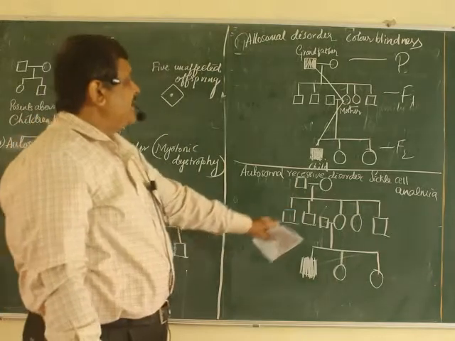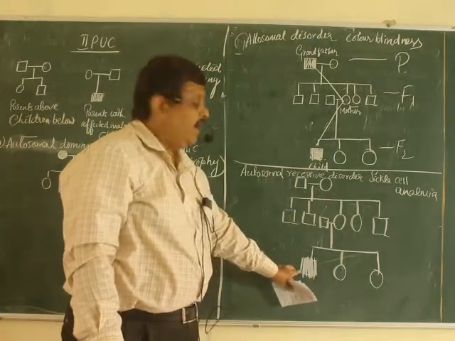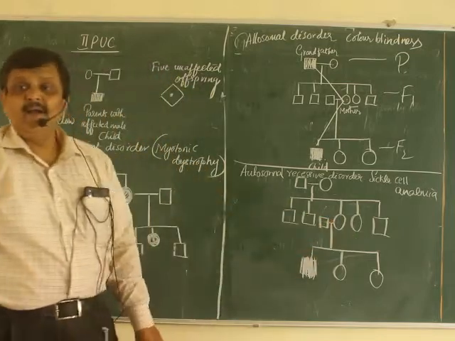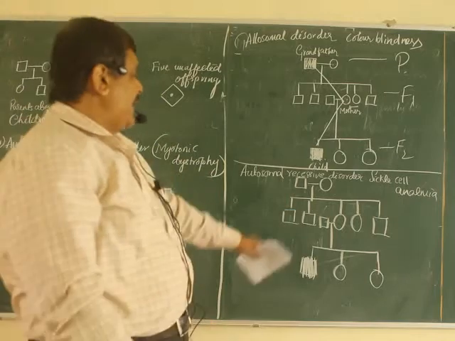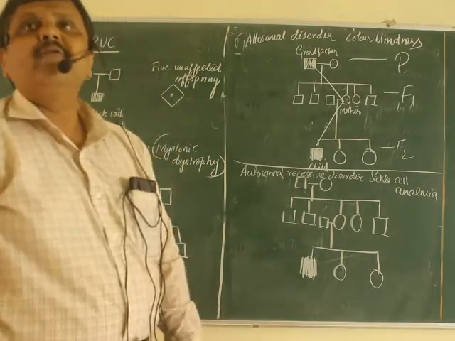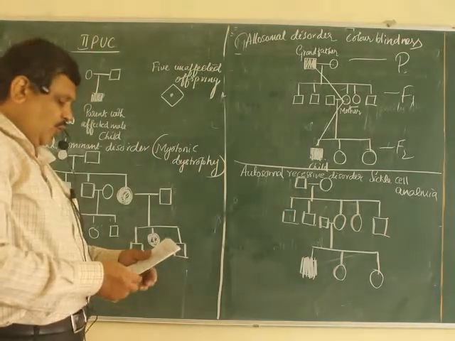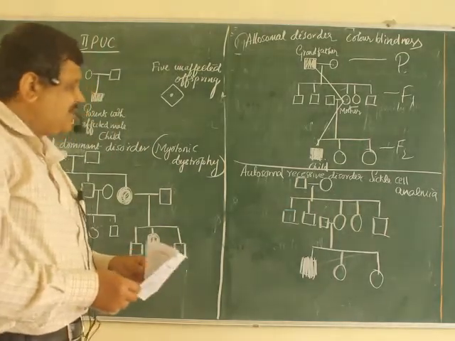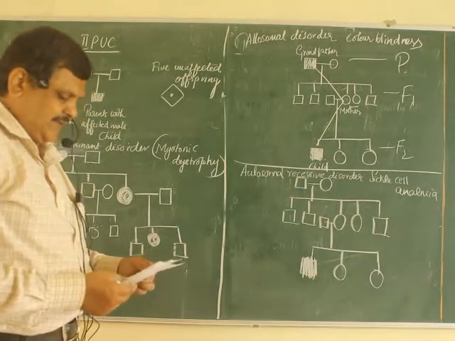But here it is autosomal recessive, because in the F2 the disease is seen, but it was not there in the parent. In parents, the disease was there in a hidden form, and it has been transferred to the F2 generation. So in this way, we use pedigree analysis to find out the disorders.